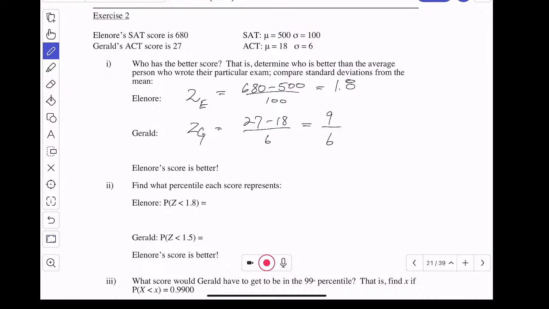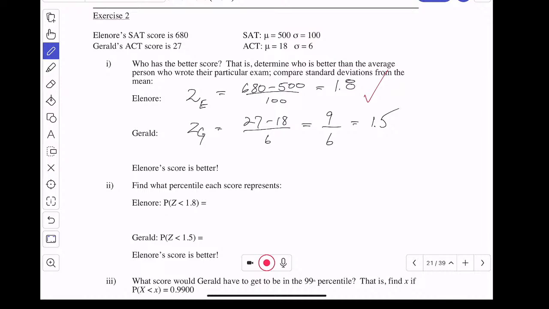So that's 9/6, 1.5. So Eleanor did better. She's 1.8 standard deviations above the mean for people who wrote the SAT.